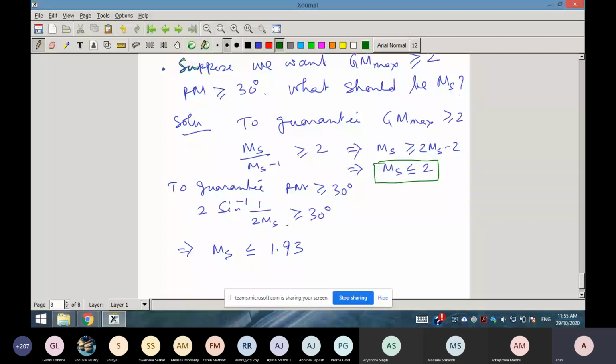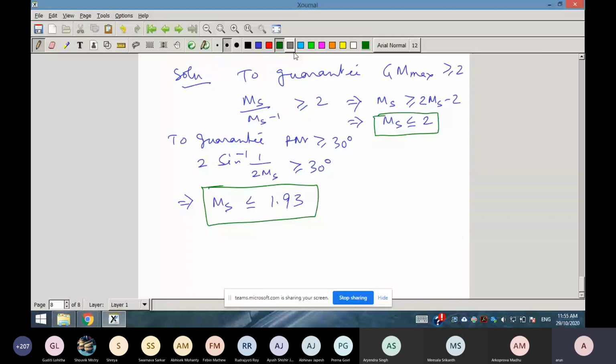So ultimately, to guarantee both GM max greater than or equal to 2 and PM greater than or equal to 30 degree, Ms should be less than or equal to the lowest one, you should take 1.93.